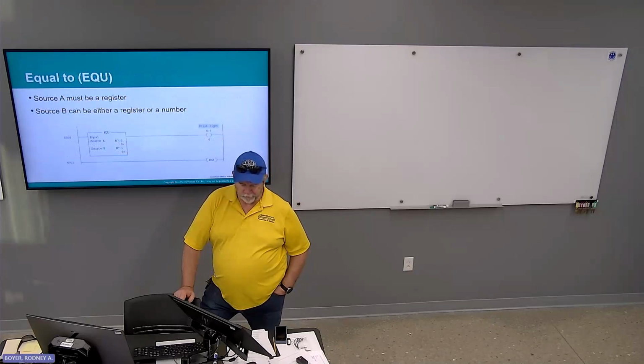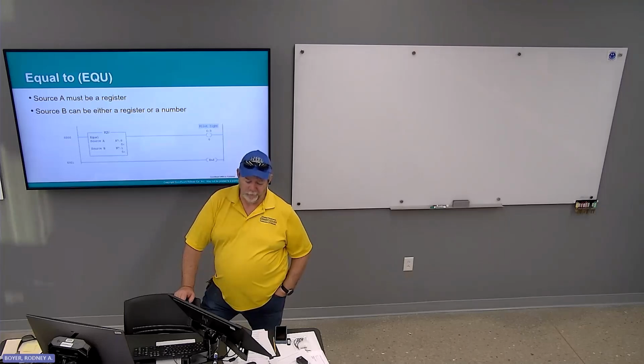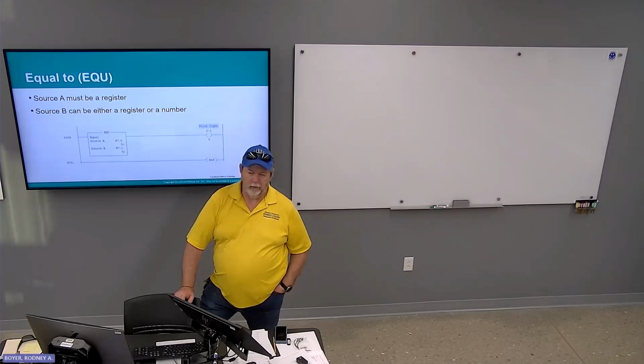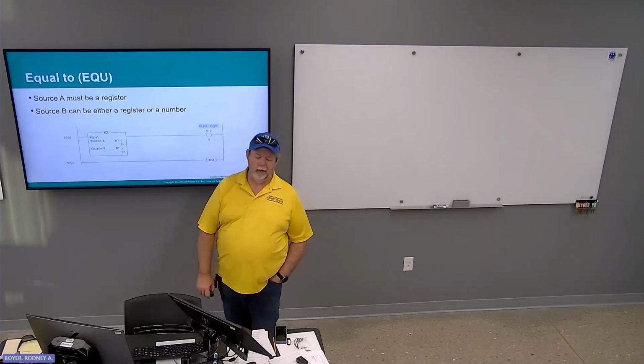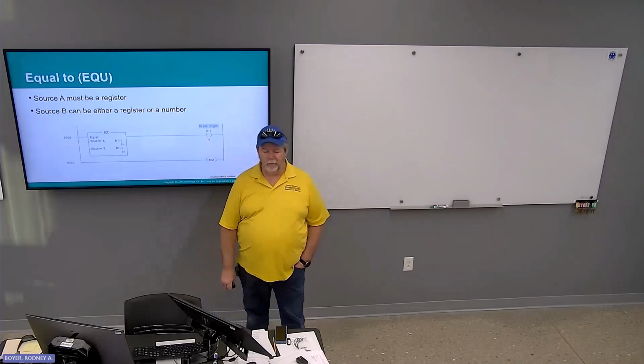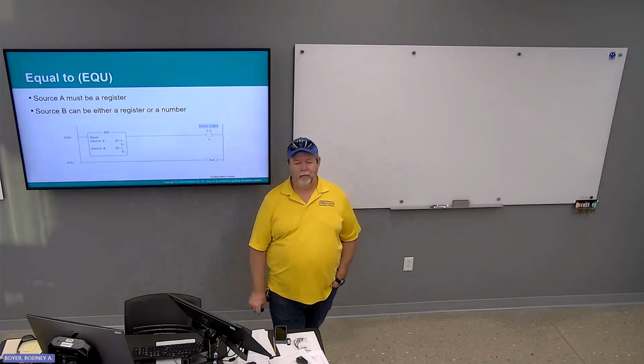Okay, equal. We're going to blow through these because they're basically all identical other than the condition you're testing. In every comparator instruction, source A must be a register. So N7, F8, and so on.